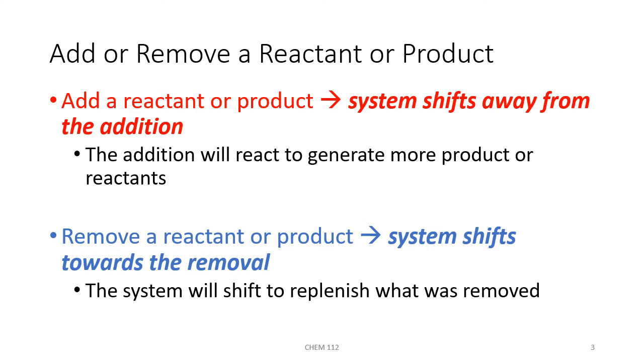So it shifts away from that direction of the addition. On the other hand, if we remove a reactant or a product, now the system realizes something's missing. So it will shift towards that removal and it will replenish what was removed. So it shifts towards what's taken away and it shifts away from what was added.